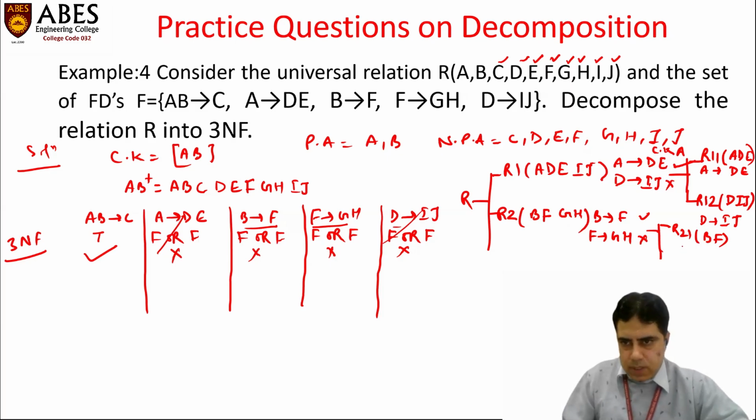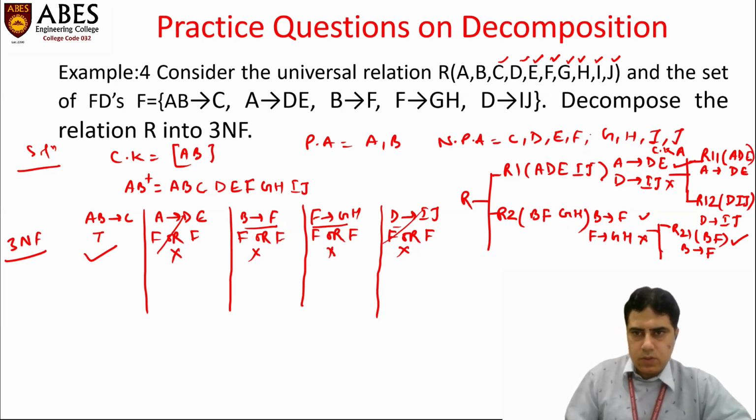The functional dependencies here are B determines F and F determines GH. Now this is in 3NF, and this is also in 3NF. We are doing this because we have to decompose the relation into 3NF, so that's why we are checking for 3NF. Now these are cancelled out.